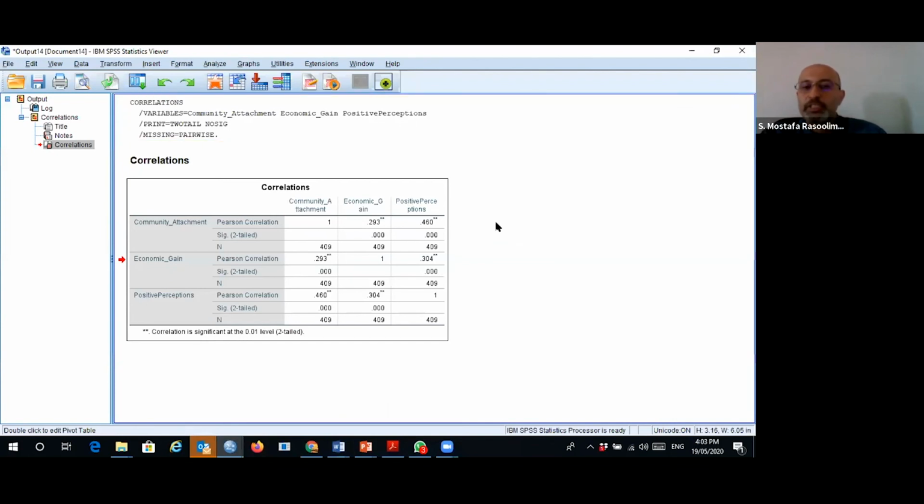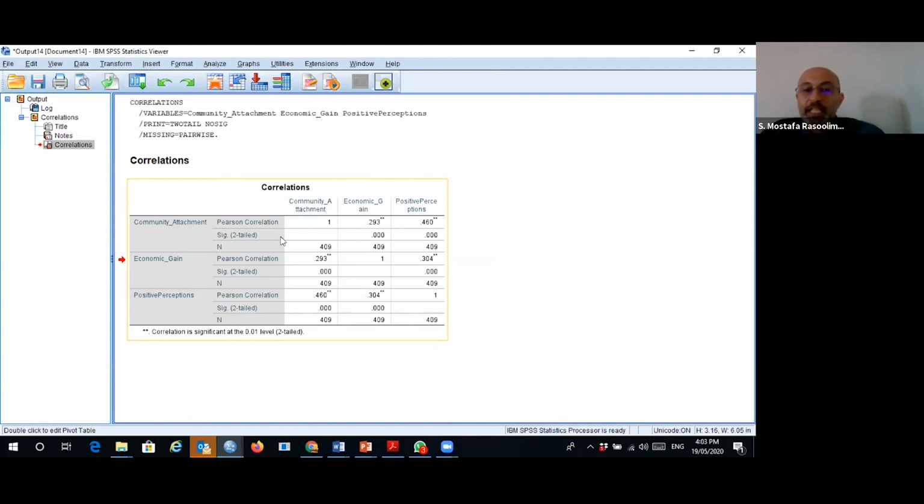Okay, what's the interpretation? Here we have three different blocks, 3 rows and 3 columns, because we included 3 variables.